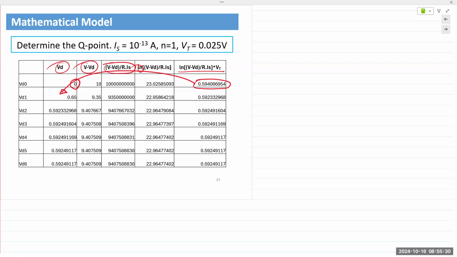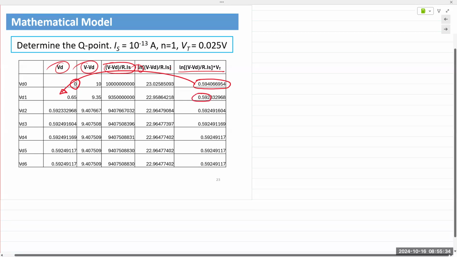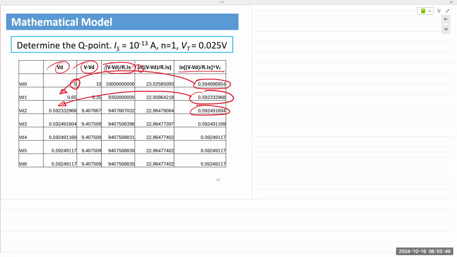If I choose 0.65, I get an answer of 0.592. When I plug that back into the next iteration, I obtain an answer of 0.592. See, it's converging very quickly, within 2 steps actually.